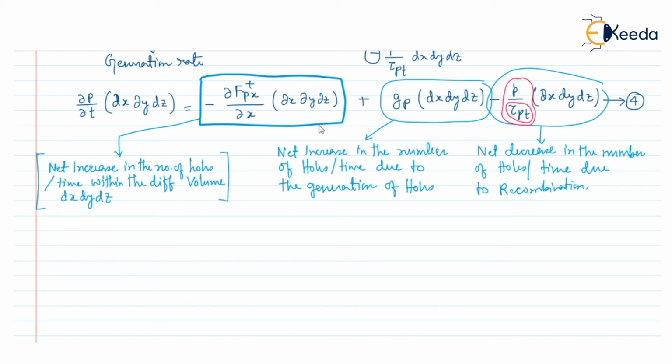Now if I divide this whole equation 4 by dx dy dz, we will get an equation like this: del p by del t equals minus del Fpx plus by del x plus Gp minus p divided by tau pt.